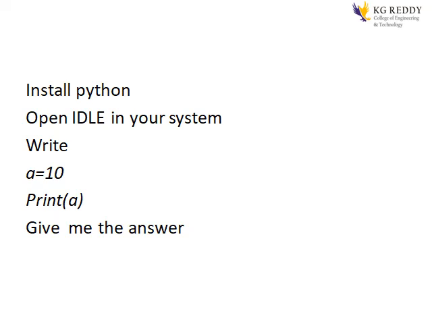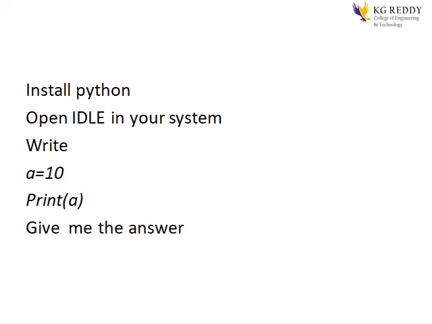After doing that, open your IDLE, your interactive Python, type there a is equals to 10, then print a, all of them in small letters, and tell me what's the answer given by your interactive Python. If you have not yet installed Python on your system, you can simply pause this video, first install Python on your system, then continue with the video.